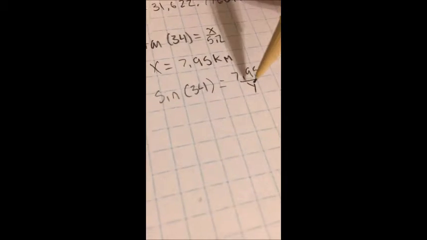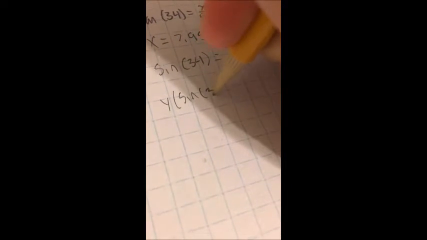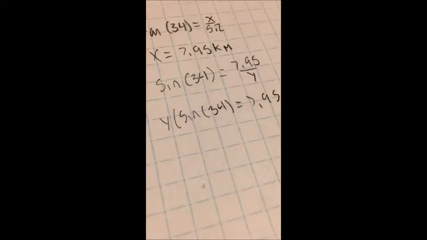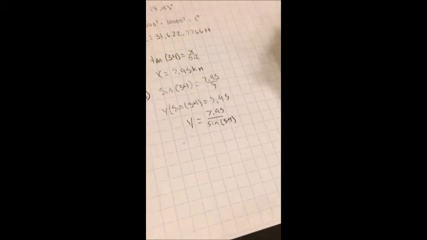Let me label this real quick. So you would multiply y by sine of 34. Let me write that out. And then to isolate the variable, you would divide by sine of 34. So y equals 7.95 over sine of 34. And when you plug this into the calculator, you get an approximation of y equals 15.03.